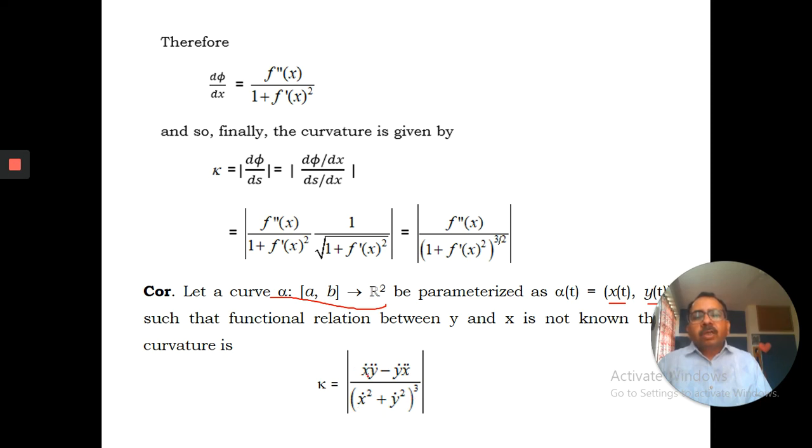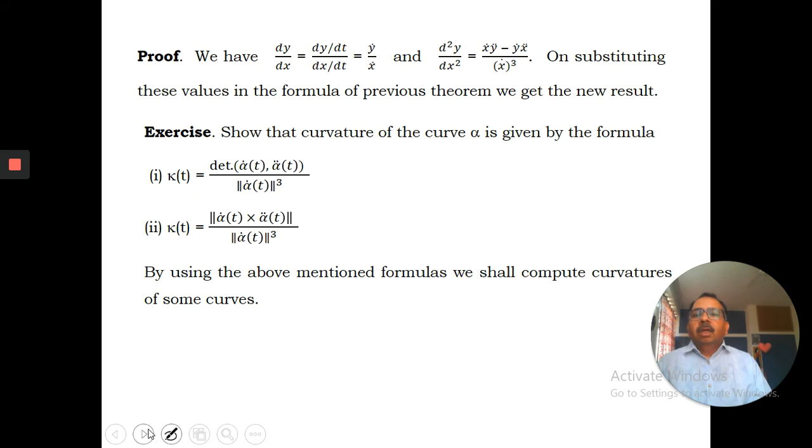Here x dot is the derivative of x with respect to t, y dot means the derivative of y with respect to t, and double dot means the double derivative with respect to t. So its proof is easy. You can read it from the slide.